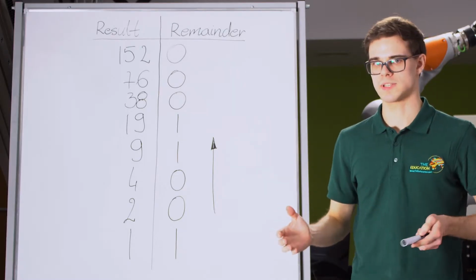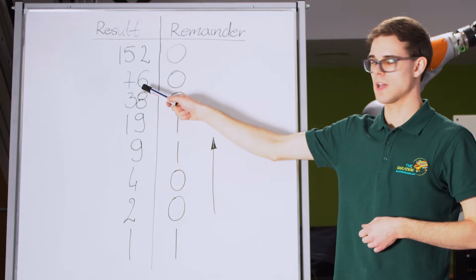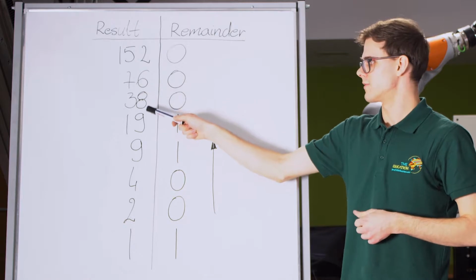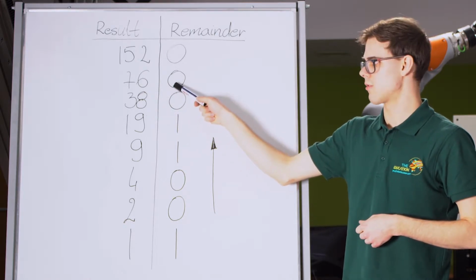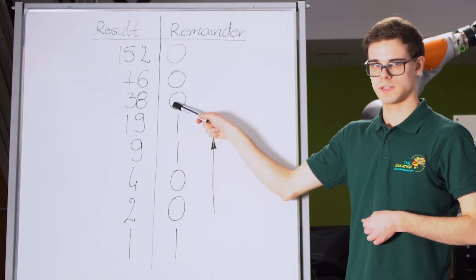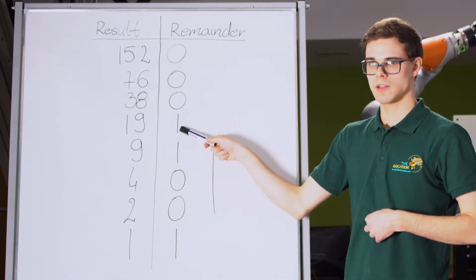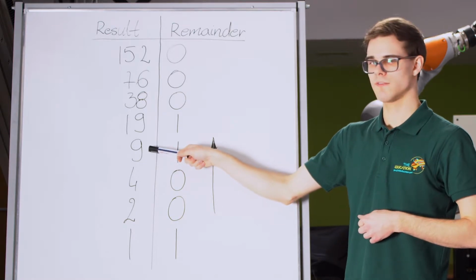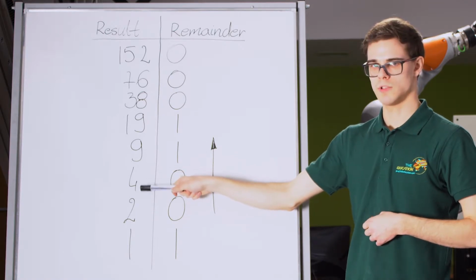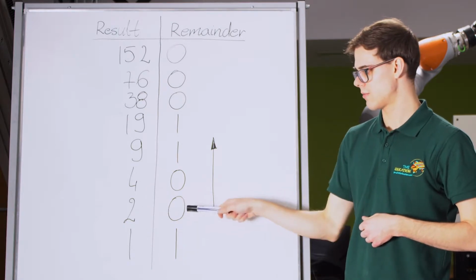So, with our previous example, 152 divided by 2 gives you 76 and your remainder is 0. 76 divided by 2 is 38 and the remainder is 0. 38 divided by 2 is 19 and your remainder is still 0. 19 divided by 2 gives you 9 and remainder equal to 1. 9 divided by 2 is 4 with remainder 1. 4 divided by 2 is 2 with remainder 0. 2 divided by 2 is 1 with remainder 0.